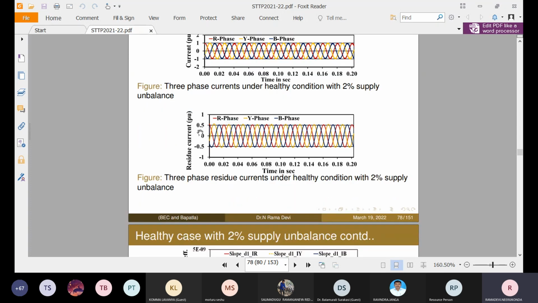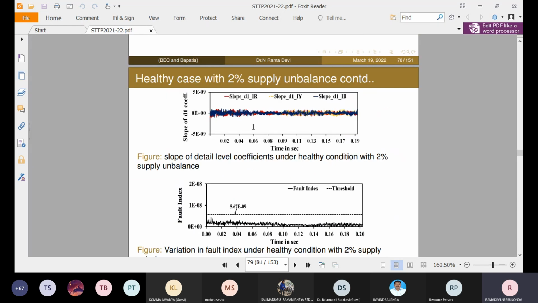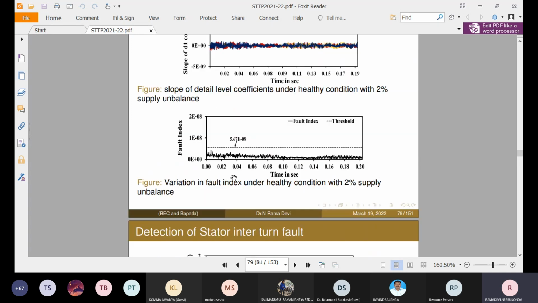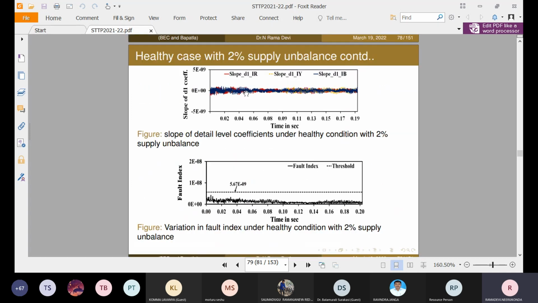Making use of this, we reconstruct the signal. These are the reconstructed signals of three-phase currents, and this figure shows the slope of detail level coefficients of the reconstructed signals of three phases, and the fault index and threshold values of the healthy condition with 2% supply unbalance.